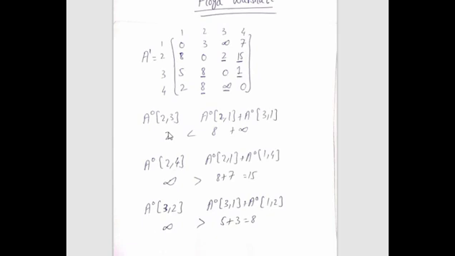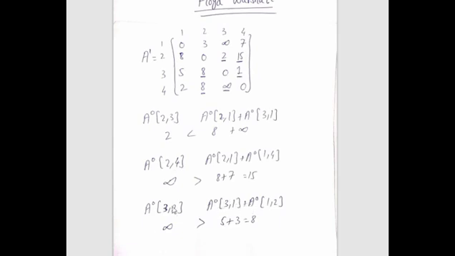The next one is 3 to 2. In the A naught matrix, we are going to find the distance 3 to 2. So we'll check the previous matrix, and on the right side we will use the intermediate node in between: A naught 3 to 1 plus A naught 1 to 2. We will check the distances in the A naught matrix.